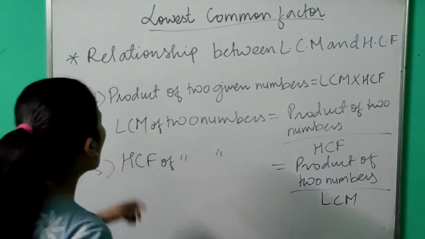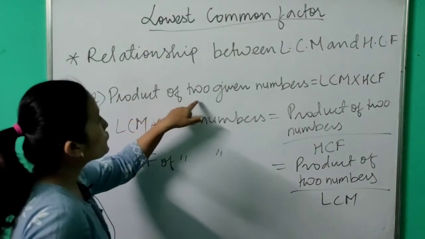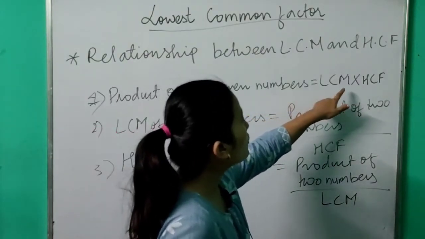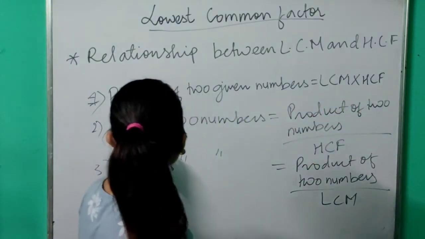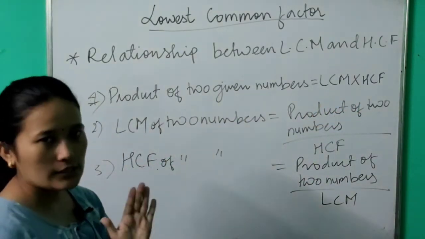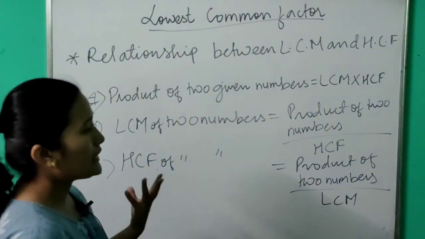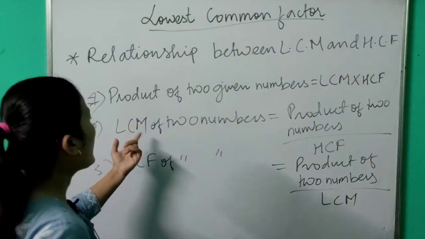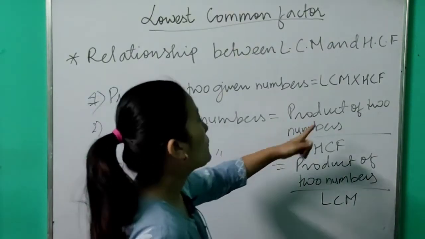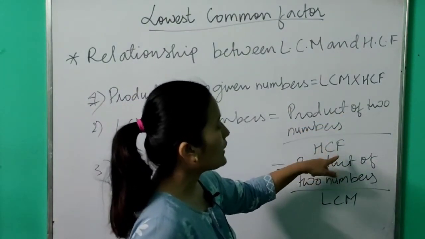According to the formula, the product of two given numbers is equal to the product of LCM and HCF. Now if the product of two numbers is given and HCF is given, then how do you find the LCM? LCM of two numbers would be the product of the two numbers divided by HCF.